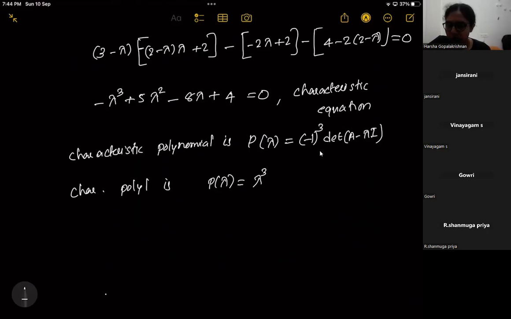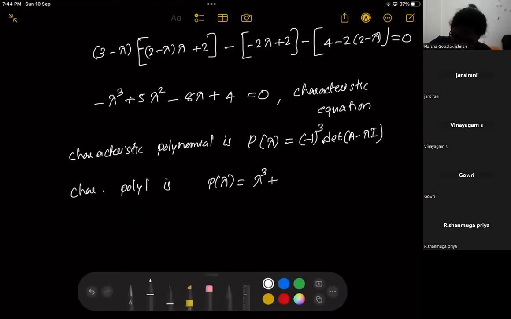So we will get lambda cube minus 5 lambda square plus 8 lambda minus 4. This is our characteristic polynomial. Sorry, here it should not be equal to 0.